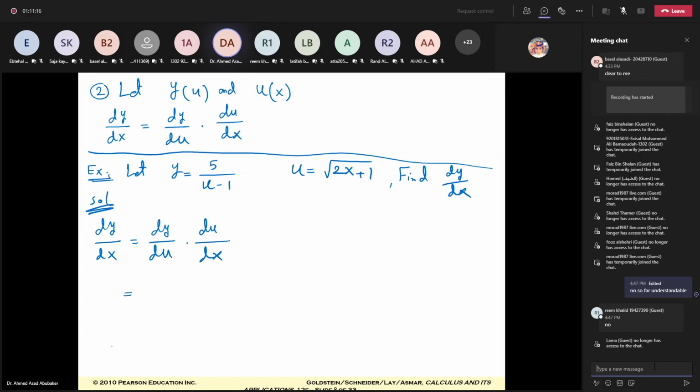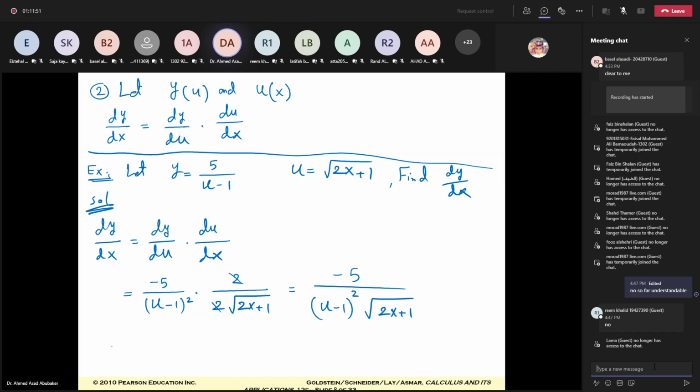So dy over du equals minus 5 over (u minus 1) squared, multiply du over dx, which equals 2 over 2 radical 2x plus 1. After simplifying, we have negative 5 over (u minus 1) squared multiplied by radical 2x plus 1.